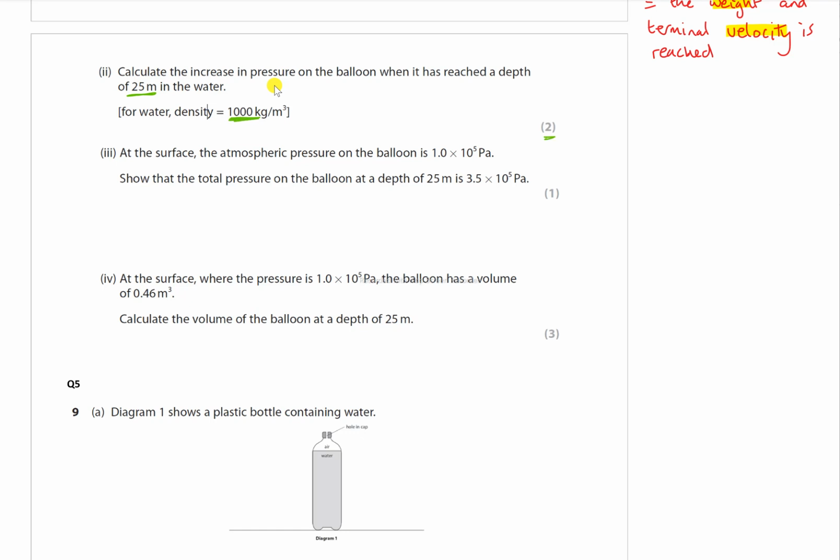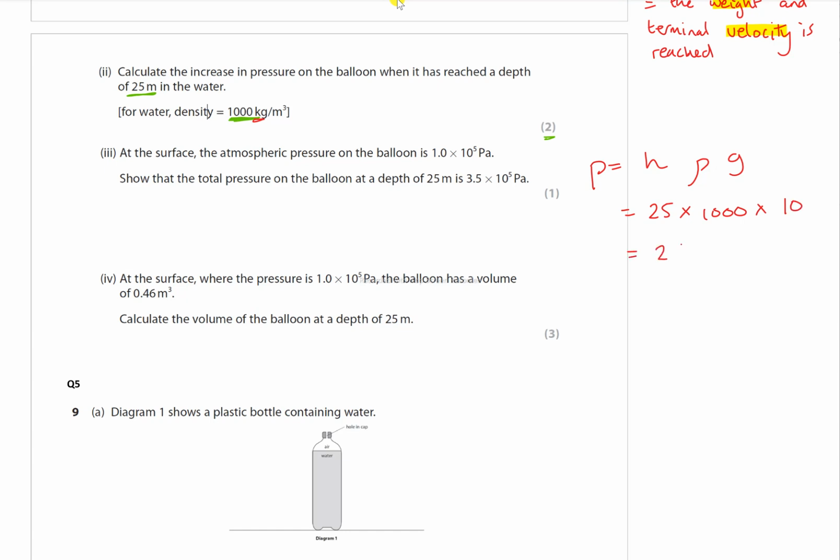So the 2 marker. So what we do is, pressure, or the pressure difference, equals height times density times gravity. The height they said was 25. The density they've given there, and we're going to stick to gravity as 10.